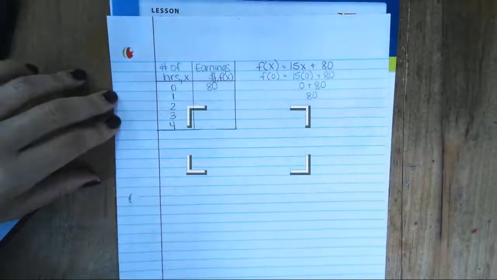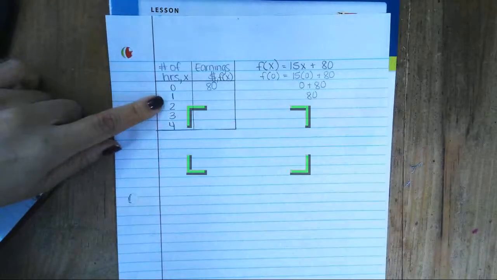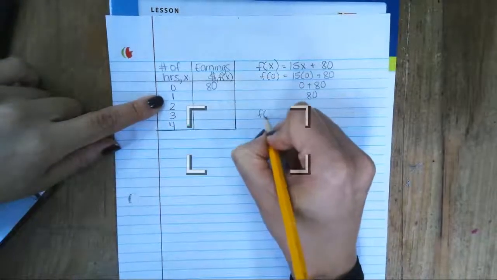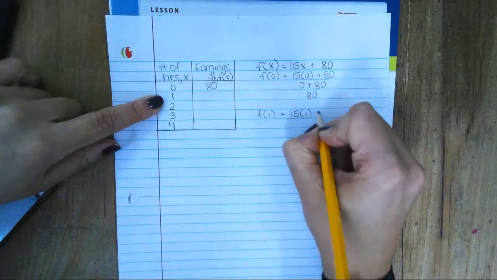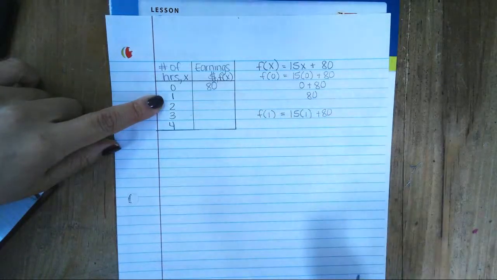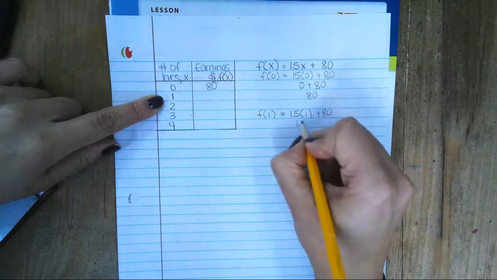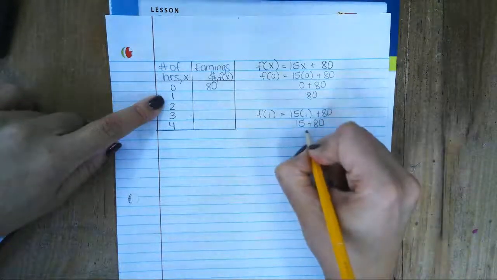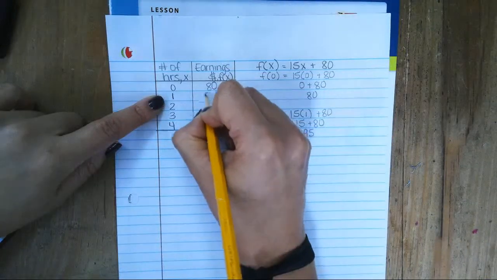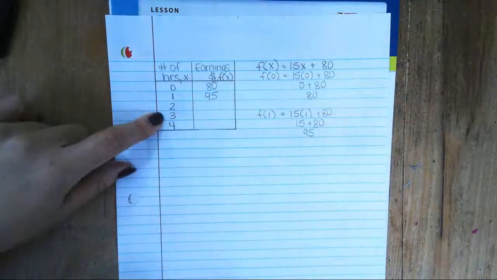Now, in order for us to get the value for when x is 1, we would simply do the exact same thing, but substituting 1 instead. So we have 15 times 1 plus 80. And so 15 times 1 gives us 15, and 15 plus 80 gives us 95. And that's how we got that second value.